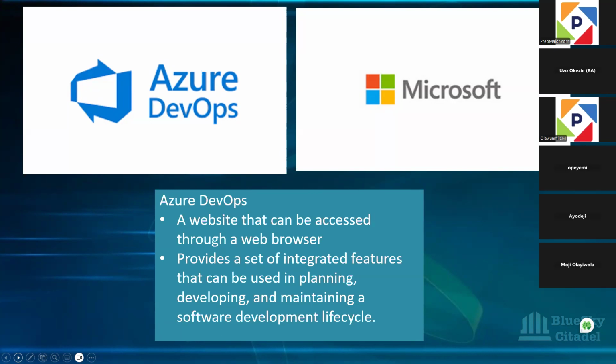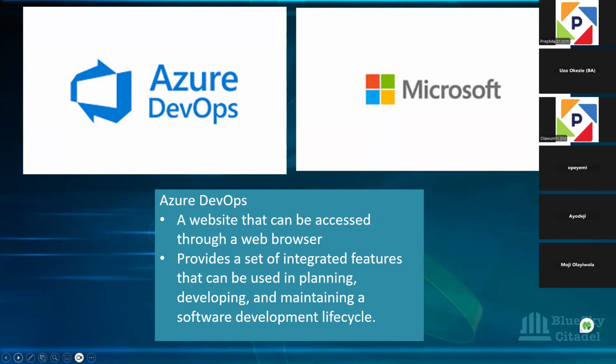So you're creating a software project, even when it's a service. It's where you're able to manage the life cycle of that project or service, because you remember when Ayo was talking about a project, he said it's something that you do for a particular time. So it has a start time and it has an end time. The life cycle of that project can be managed on Azure DevOps.